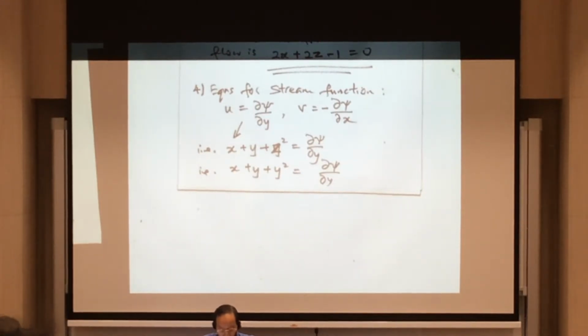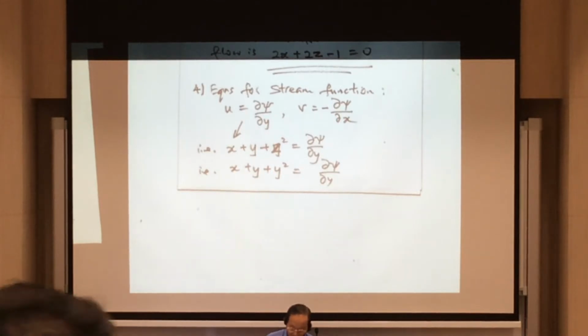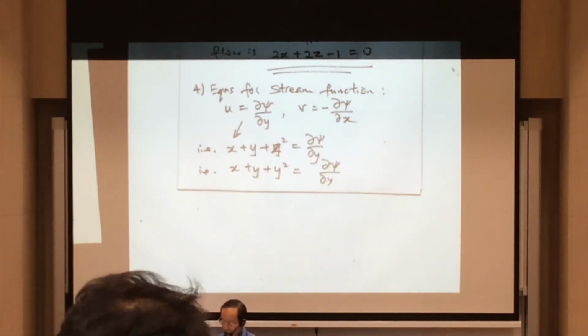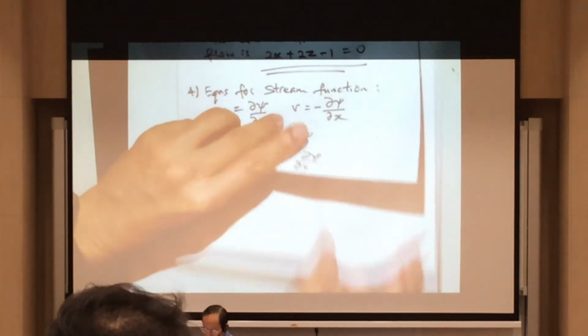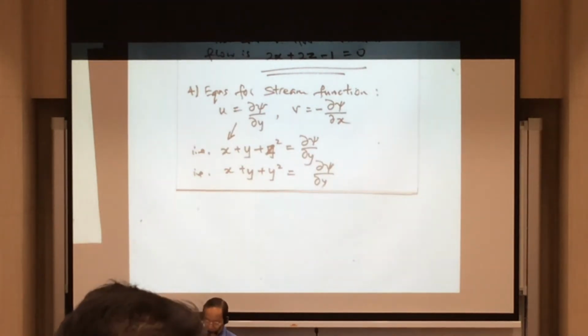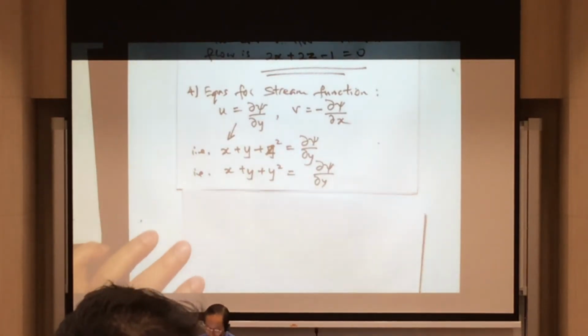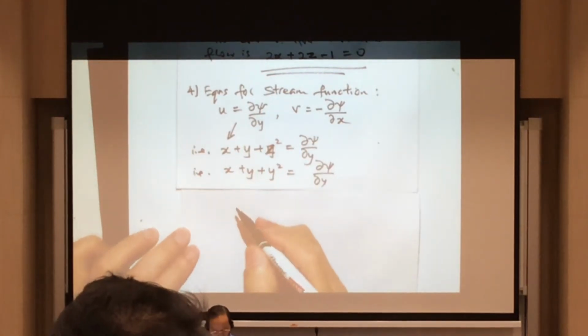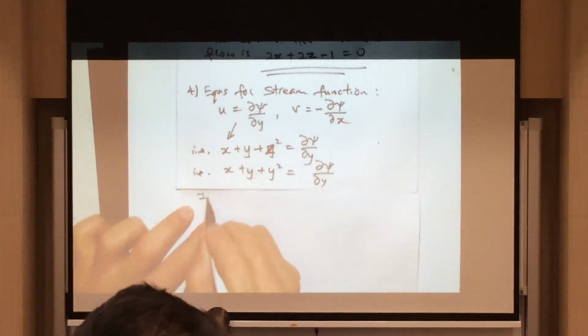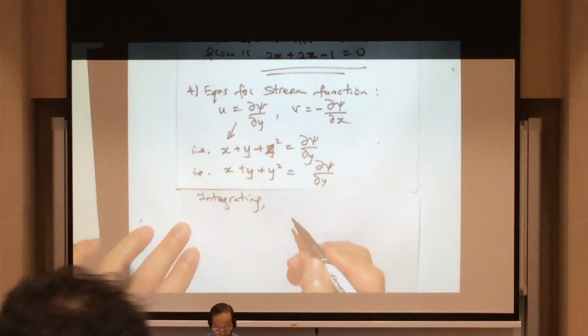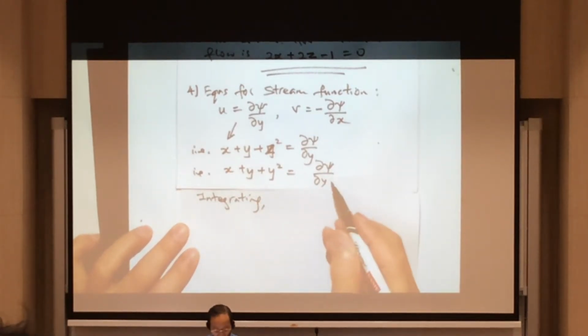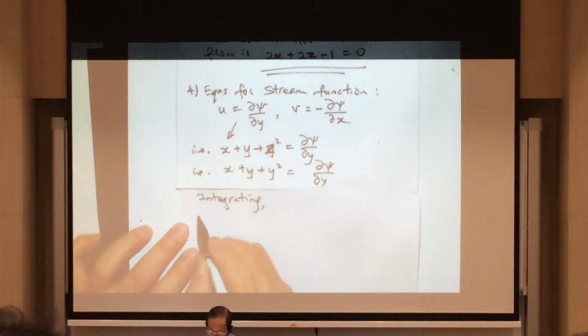Now, the question is we need to get an expression for the stream function psi. So what must we do? We must integrate. Next step, integrating. You put del psi del y to the right, integrate with respect to y, and you get psi.